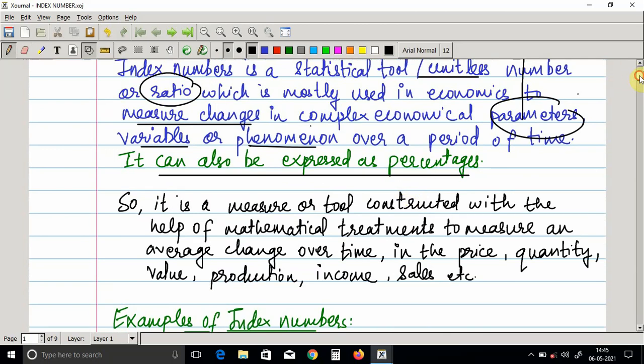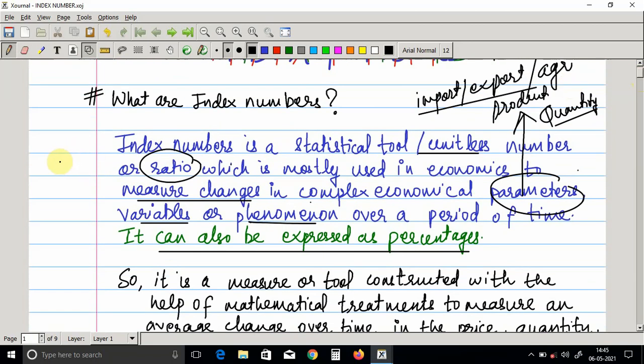You can imagine an index number as a percentage, say 49%. 49% what? Increase or decrease? You have to interpret it like that. Or you can think of it as a decimal, like 1.4. So it has no unit.